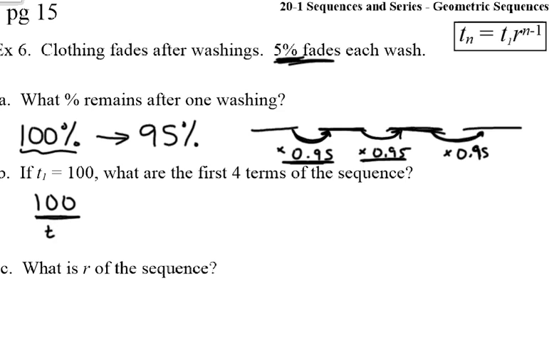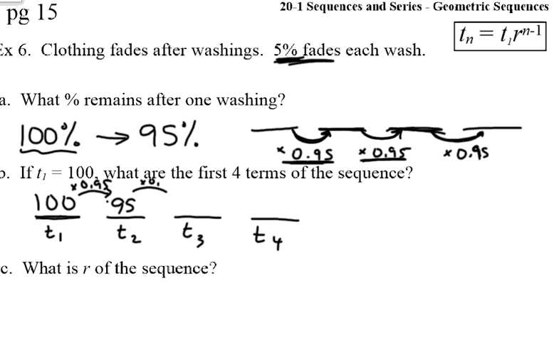Well, there's term 1, term 2, term 3, and term 4. The first 4 terms, well, we know we're only keeping 95%. So we're going to have 95. After that, we know we're going to keep 95% of the color, so we would be down to 90.25.